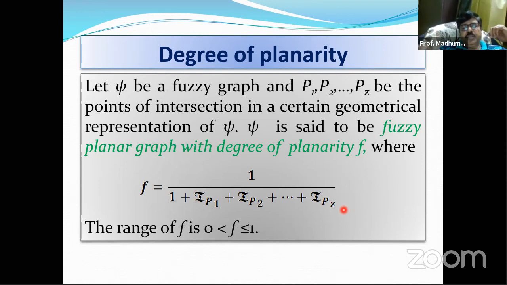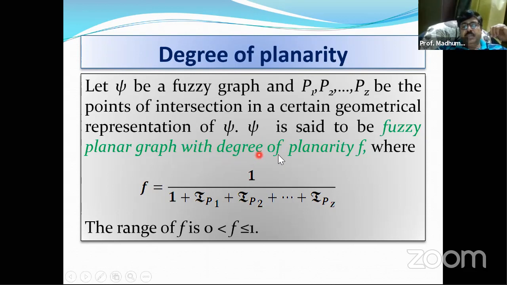For each point of intersection, we have calculated IP1 using the definition mentioned in the previous slide. After calculating all the IP1, IP2, etc., we calculated the degree of planarity.